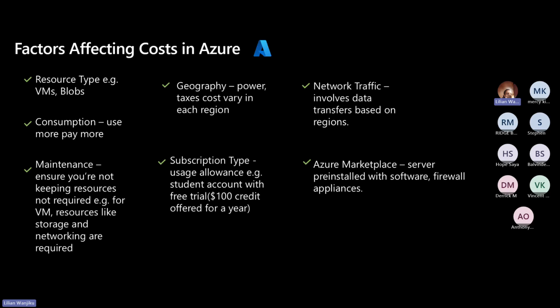You just put up the resources that you have in mind to use in Azure, and it will give you an estimate of how much you will require. But total cost of ownership takes you to the portal and accumulates all the resources that you've been using and the pricing it takes to use them.